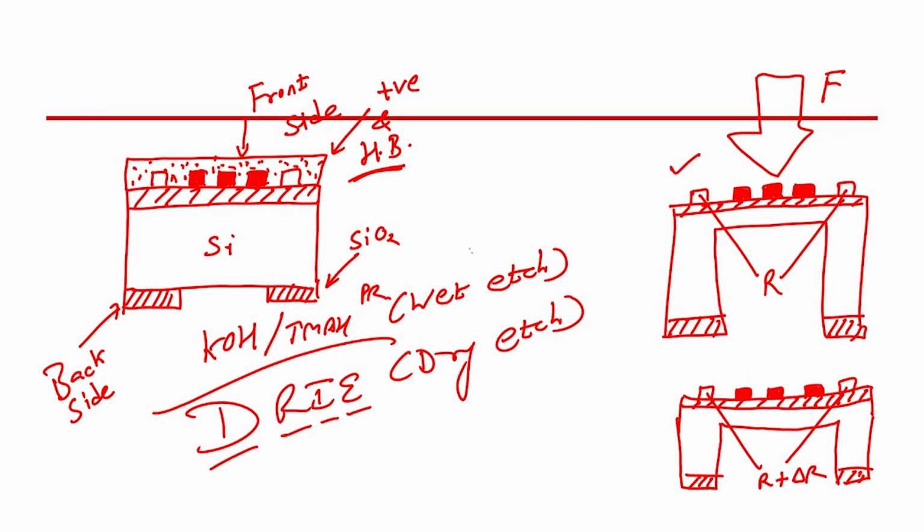Either I will use wet etching or dry etching to etch the silicon wafer, and when I etch the silicon wafer, what will happen? If it is dry etch, then I will have a diaphragm which looks like this. If it is wet etch, then I have a diaphragm which looks like this.